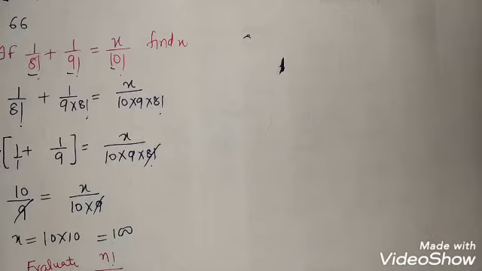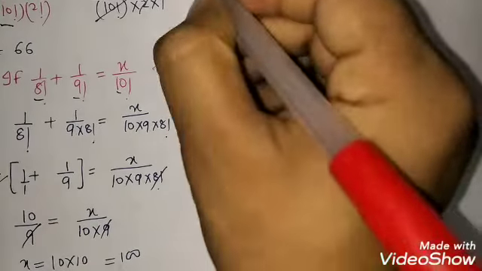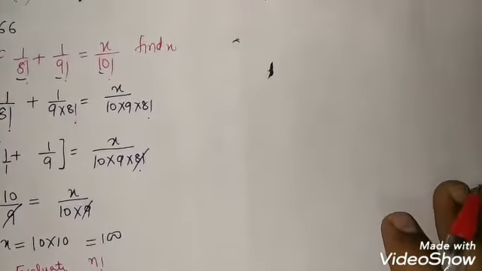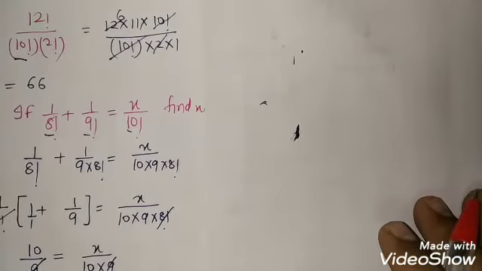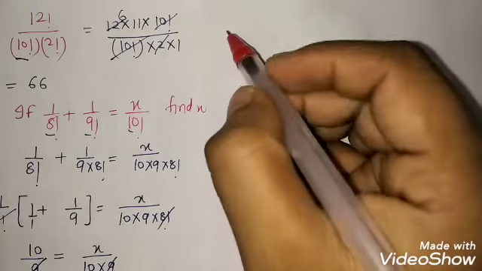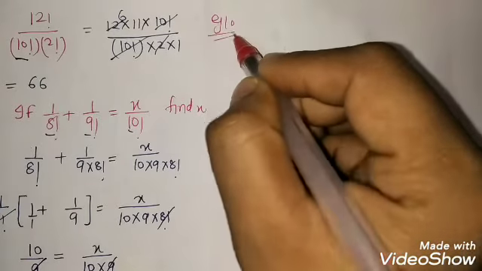Okay, moving to example number 10, the 4-digit numbers that can be formed from the digits 1 to 9. Not example 9, example number 10 basically.